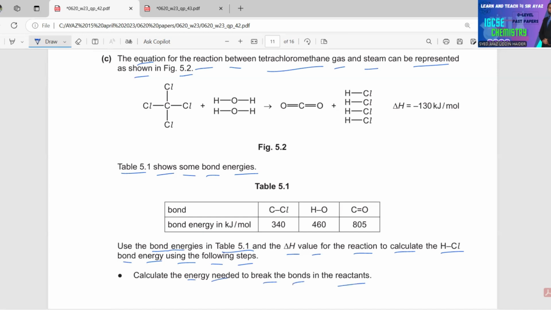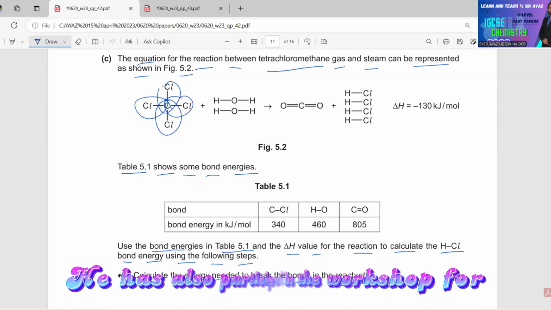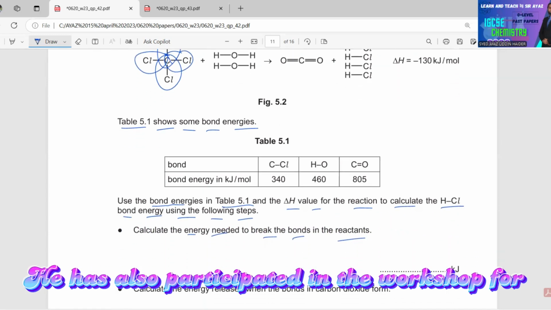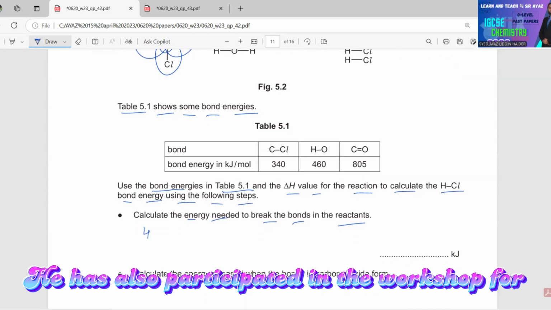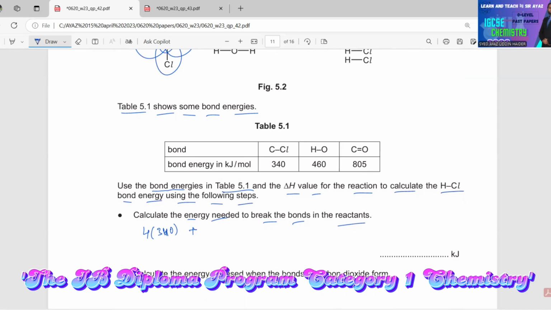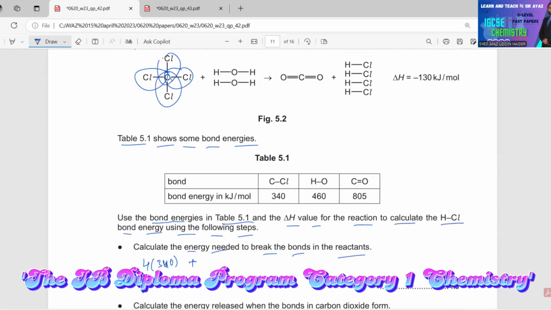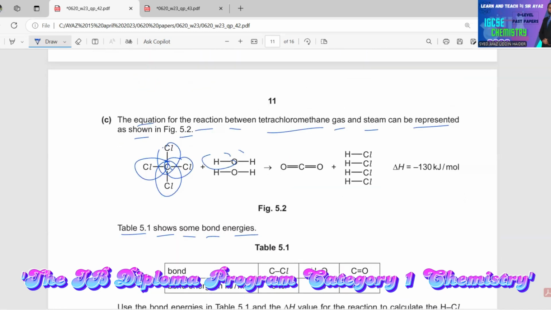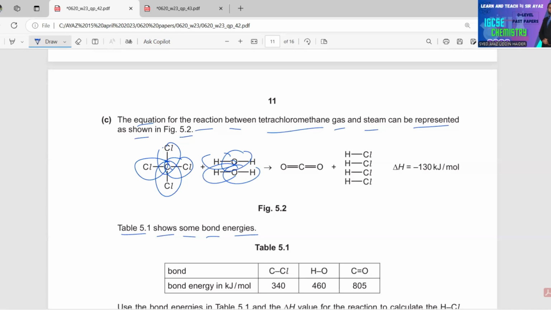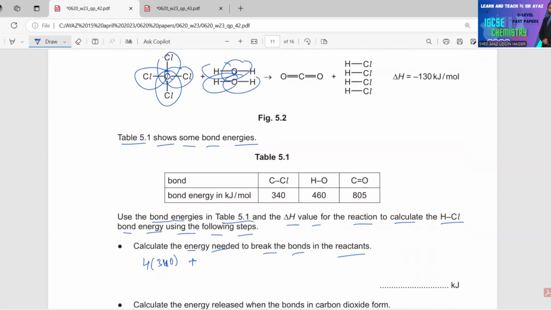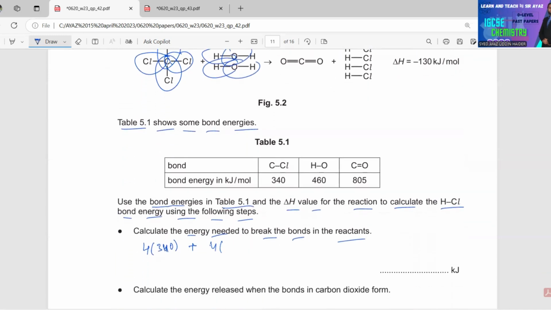So here we have 4 C-Cl bonds, 1, 2, 3, 4. So I will multiply 4 by 340, plus we have 4 bonds of H-O, so I will again multiply 4 by 460.